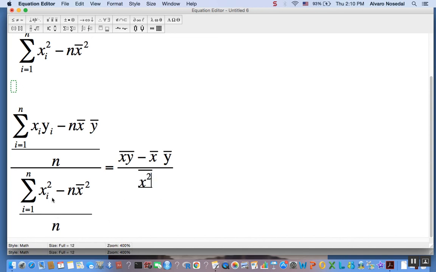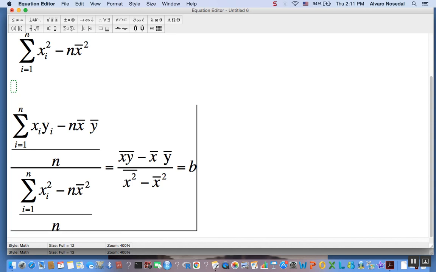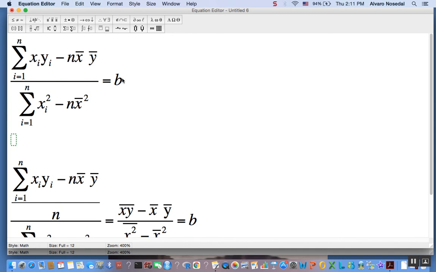Summation of xi squared divided by n, they refer to as x squared bar, minus just x bar squared. I just wanted to make sure that you understand the notation that they're using in your book. Just be careful with that. But it's the same as what we obtained here.